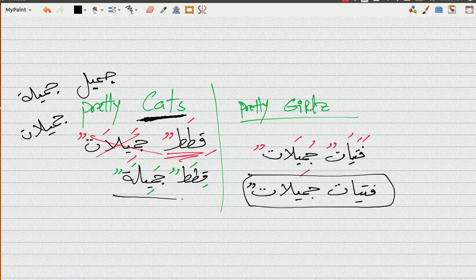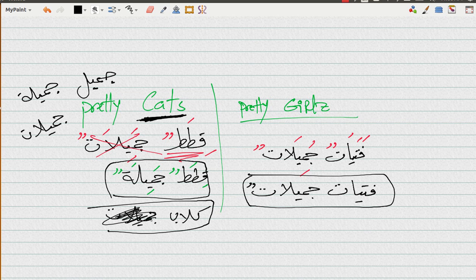In case of an animal, you'd say قطط جميلة. كلاب جميلة. And كلاب is the plural for dog. كلاب جميلة.